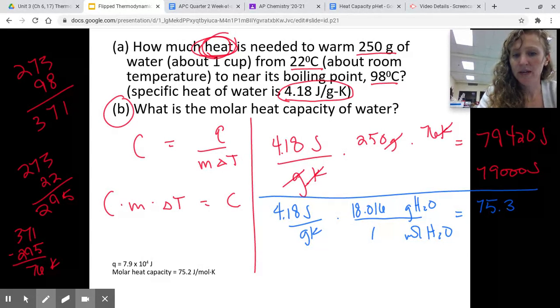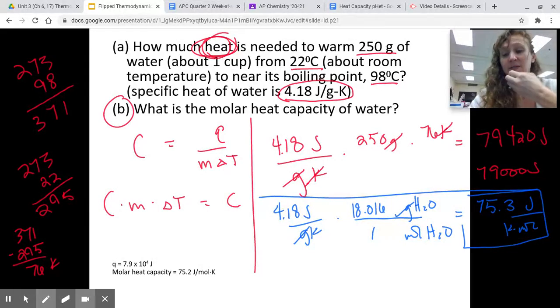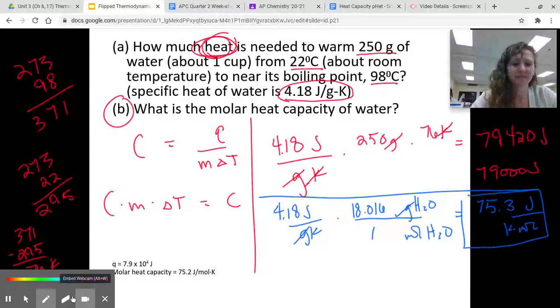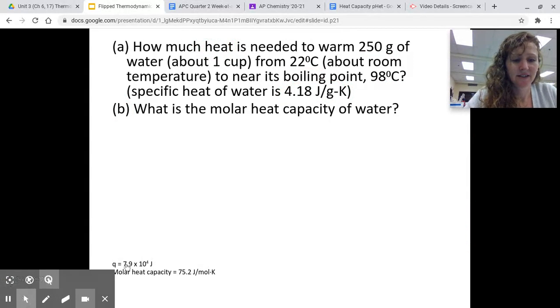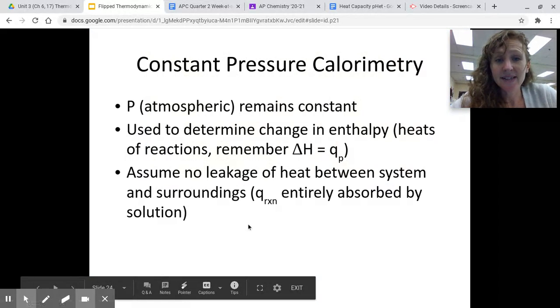So grams disappears, and now you have joules per Kelvin mole, which is the molar heat capacity instead of the specific heat capacity. Ta-da! Okay, we'll try this one together in class.